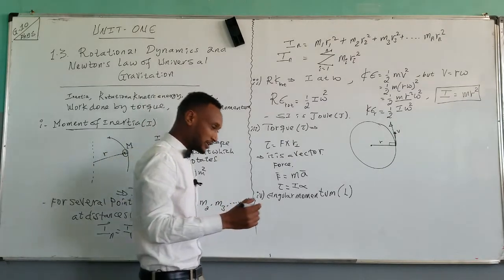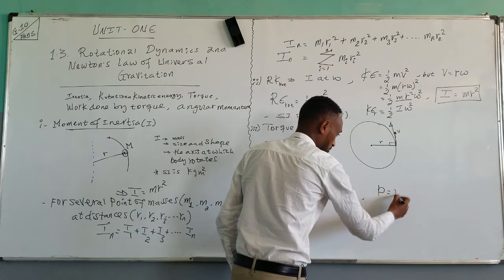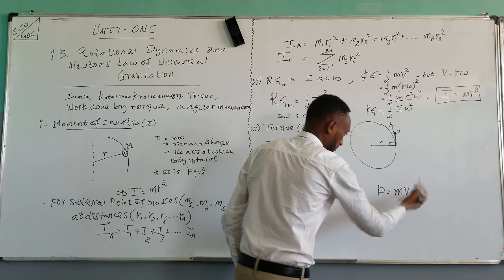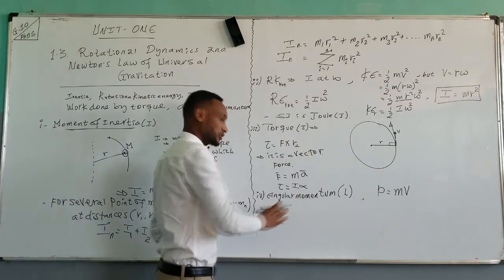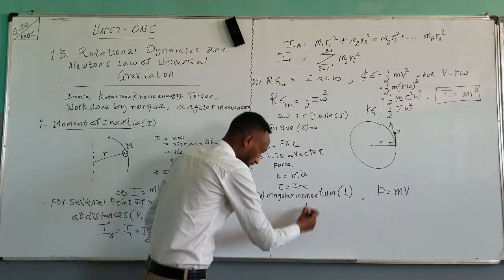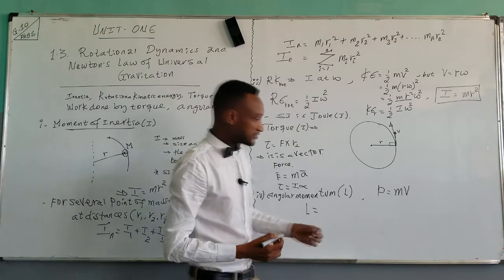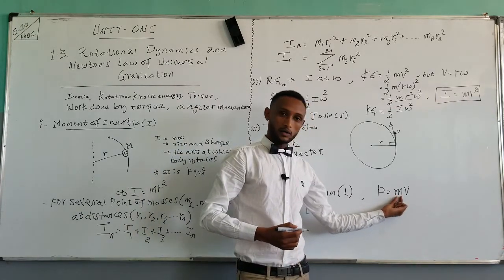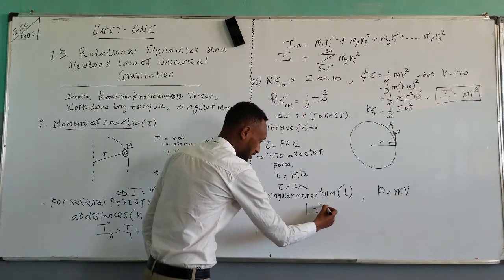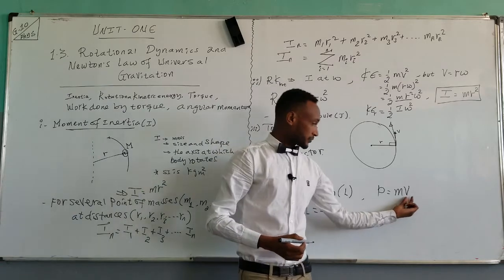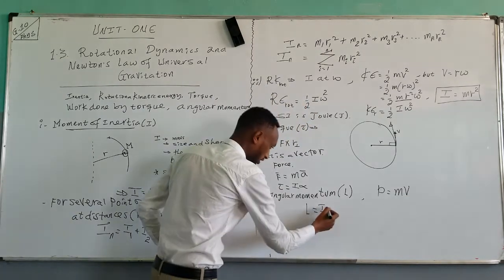Linearly, we know that linear momentum is equal to the mass of the body times the velocity of the body. Since it is rotational, angular momentum is represented by the rotational equivalent of mass, the moment of inertia, times the rotational equivalent of velocity, the angular velocity.